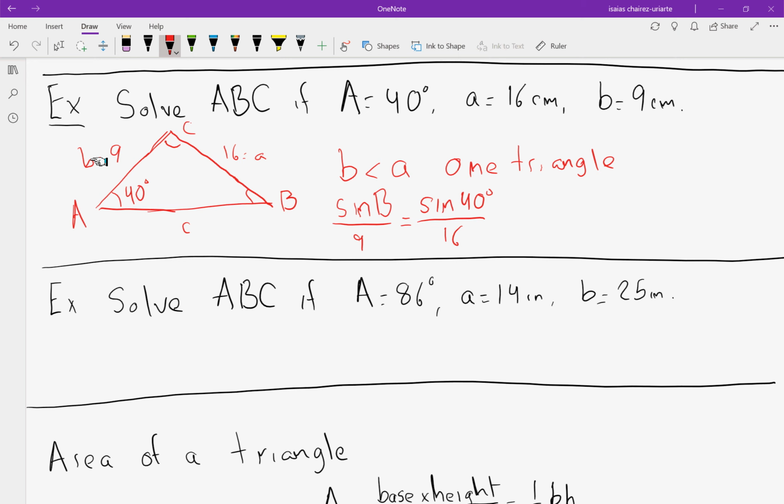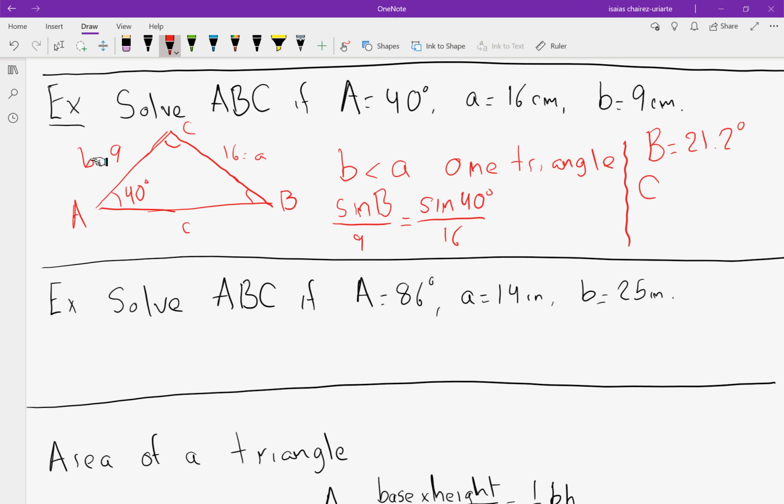So you're going to have to take a sine inverse eventually. You're going to have to play with arc sine. So make sure your calculator is in degree mode. And well, I'll let you continue the work here. I'm just going to tell you what the answers are supposed to be. So what you should conclude from this problem is that B is supposed to be equal to 21.2 degrees.